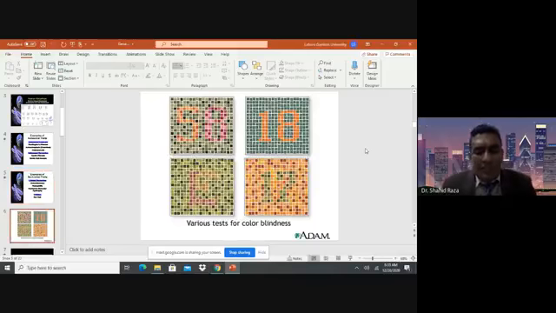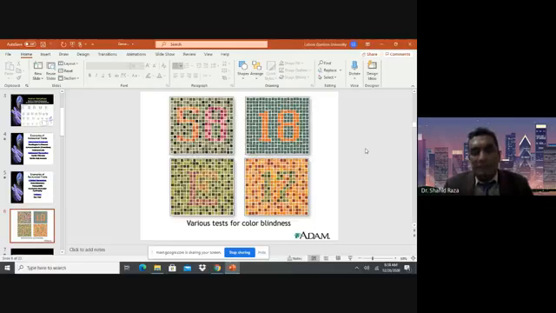In this picture, we can see various tests for color blindness. In the upper left picture the number is 58.